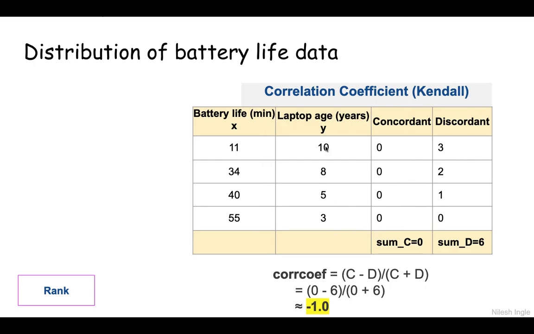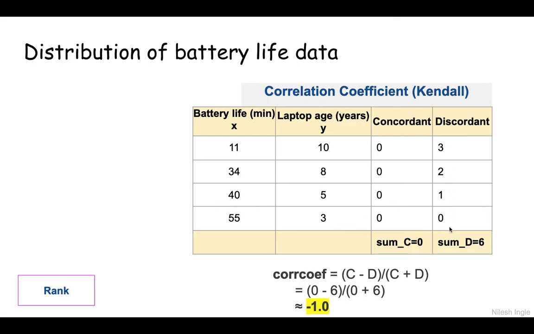For discordant, we take 10 and then look at how many observations below that row are less than 10, and here there are 3, so we put a 3 there. Again for 8, how many observations are less than 8? There are 2 of them, so we put a 2 there, and so on and so forth.